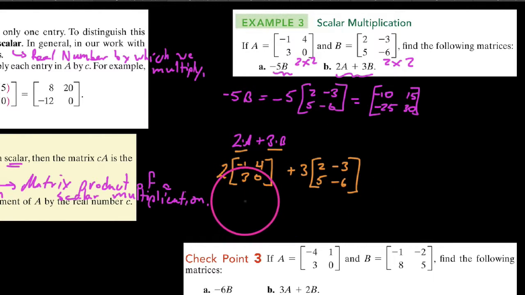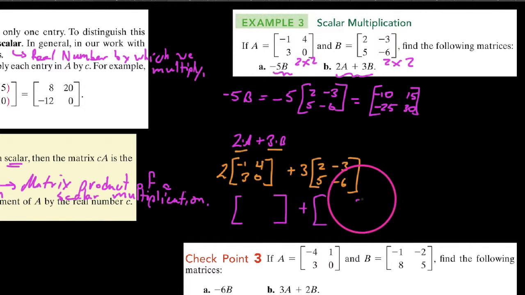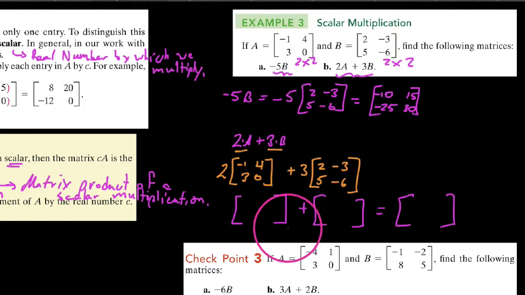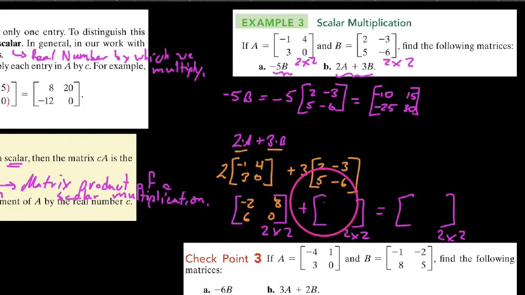Doubling all of these, we get negative 2, 8, 6, and 0. If we triple all of these values, we get 6, negative 9, 15, and negative 18. So pretty simple.